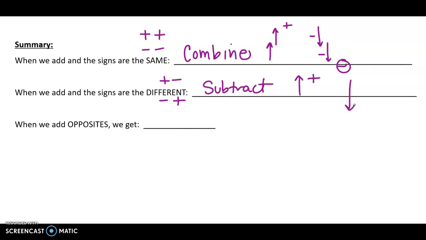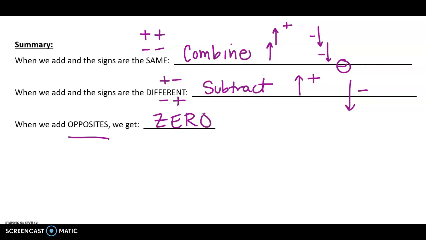If you add more sandbags, if the negative is bigger, you end up with a negative answer, okay? So really when the signs are different, we're just trying to figure out which one do I have more of and how many. Okay, how many more balloons? How many more sandbags? And then if we happen to add opposites, where we have equal sandbags and balloons, we end up at 0.